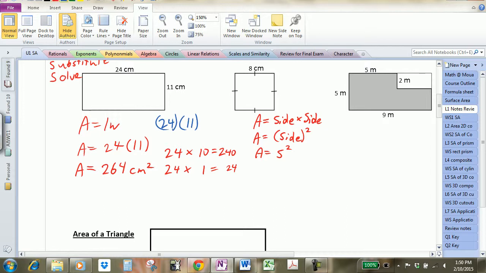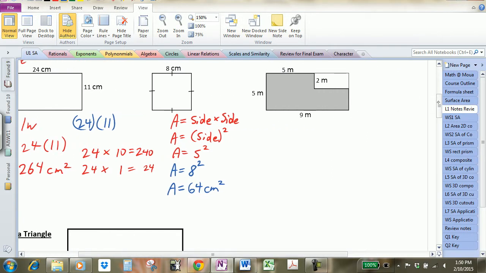Substitute in. I got my formula. Substitute in. Area equals 8 squared, and you better not say 16. It is not 8 times 2. Yeah, it's 64. Okay, so knowing squares, really important. 64 centimeters squared. 8 squared is 8 times 8. Any questions?